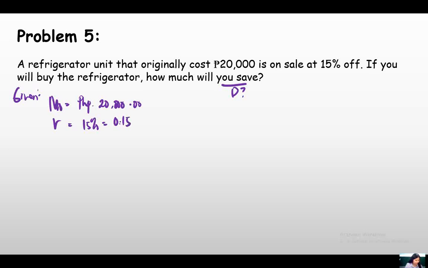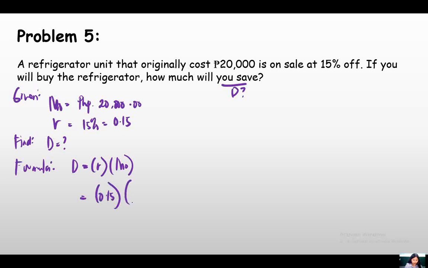Okay, what else? So, we are asked to, again, find the discount. Okay, so what is our formula for the discount? So, we have discount is equal to the product of rate and the cost price. Okay, so our rate is 0.15. Then our cost price is 20,000. So get the product.